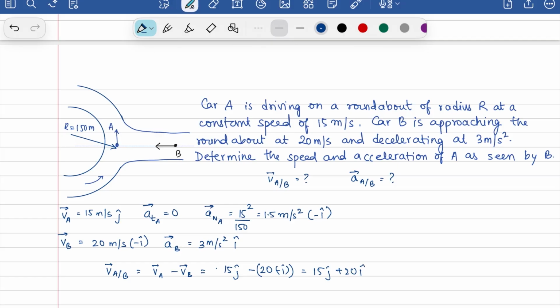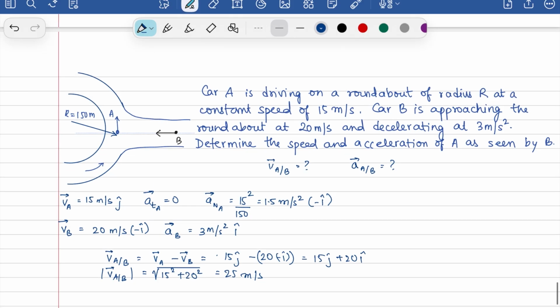But the question asks you for the speed, right? So that is the magnitude of this vector, which should give you root over 15 square plus 20 square, giving you 25 meters per second.